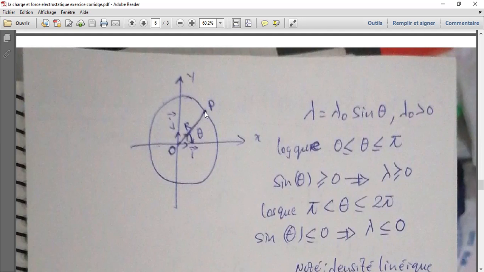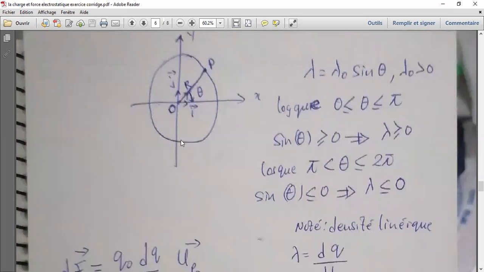Basically, when you have two charged particles, in this case P is a charged particle, and this P is causing a force on this point O. You see here that the force is coming from P going to the point O.